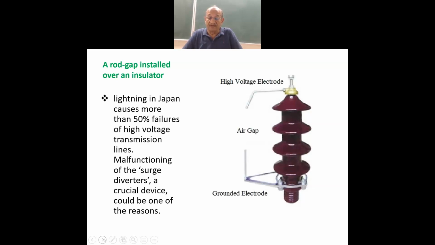In between, at both the high voltage position as well as the ground position, a metallic conductor is given, and as you can see, the air gap between the two metallic conductors is very small.